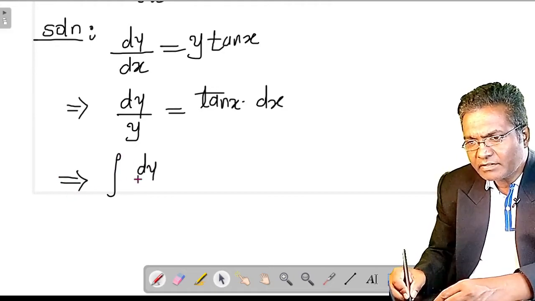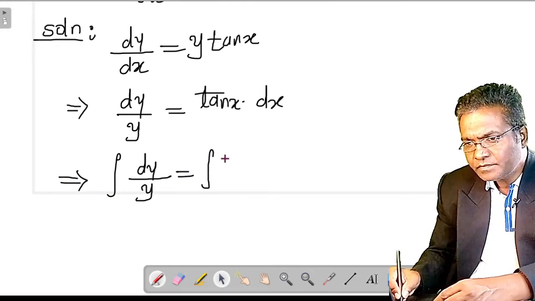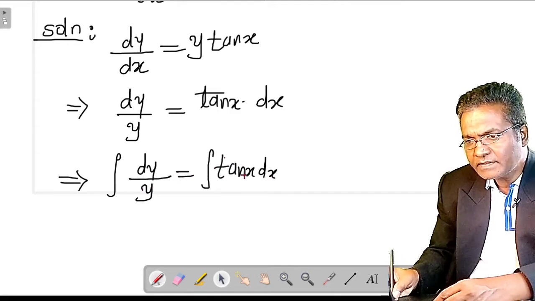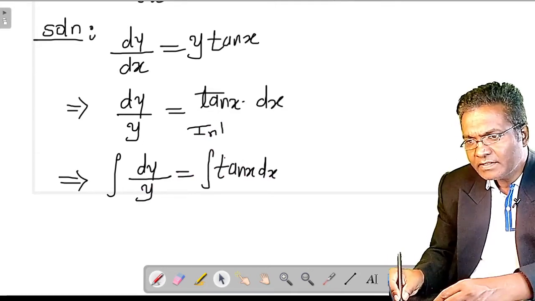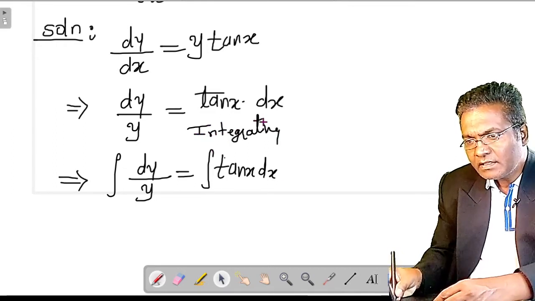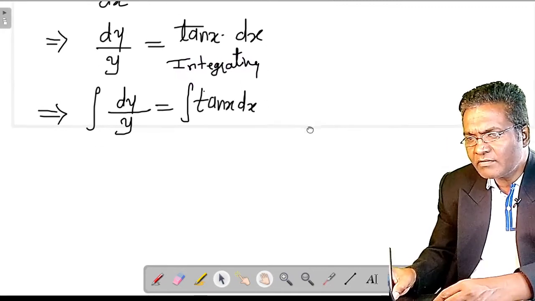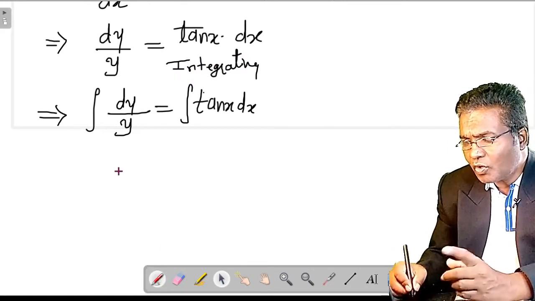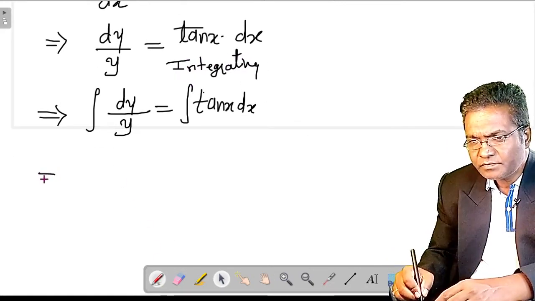Integrating both sides. Once the variables get separated, you have to integrate. Integration of tan x dx. So you must be good at integration, then only you will be able to solve every differential equation.